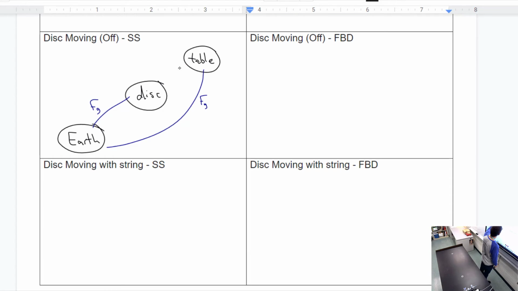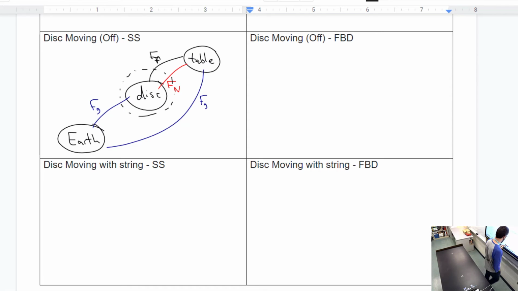We have a normal force from the table. I care about the disk. And as it was moved along the table, it had another force, friction. When it was turned off, it no longer provided the air, and so we have a little friction force acting on the table as well.